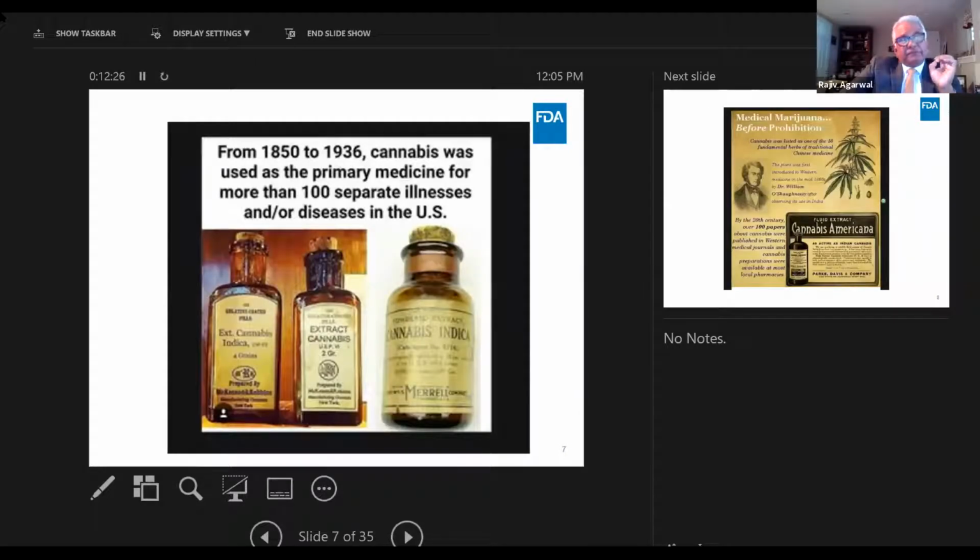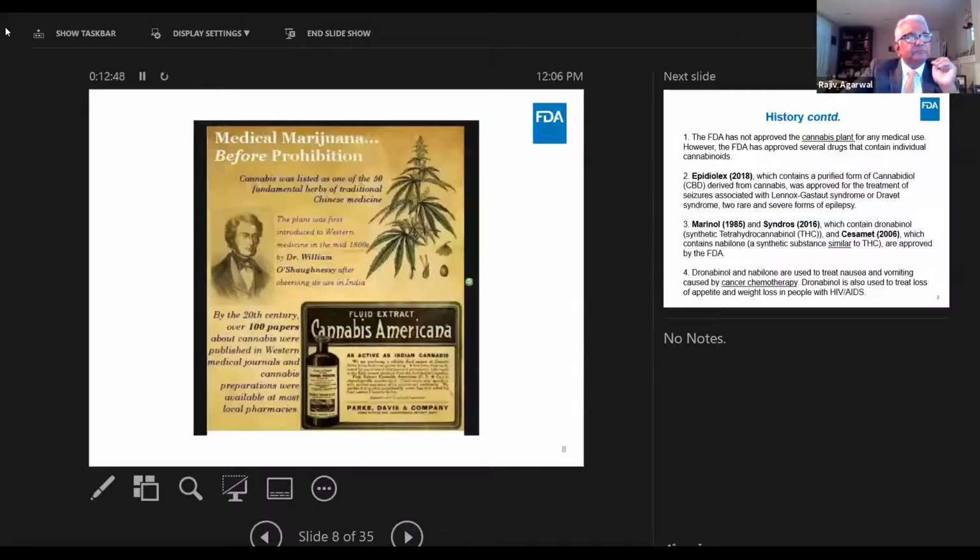From 1850 to 1936, cannabis was used as a primary medicine for more than 100 separate illnesses or diseases in the US. If you pay attention to the bottle, it says cannabis indica, cannabis extract, extract of cannabis, and several companies in the United States were actually manufacturing it.